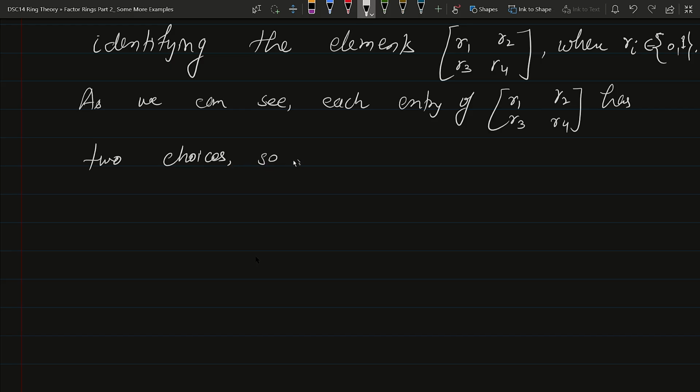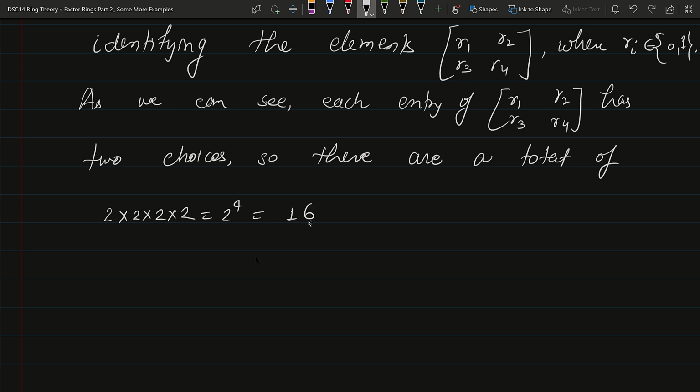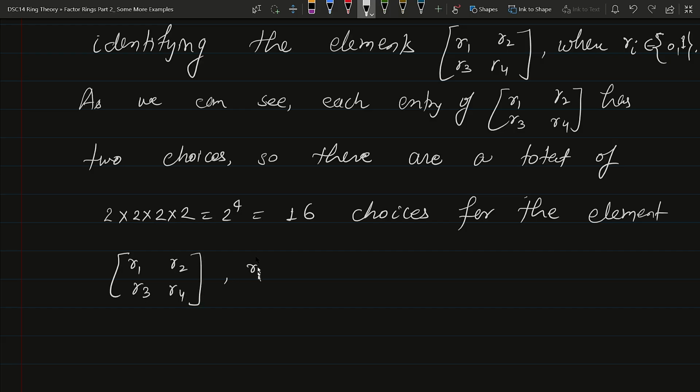Okay, so there are a total of how many? एक entry की 2 choice, then again 2 choice and 2 choice and 2 choice, that is 2 to the power 4 and that is equals to 16 choices for the element R1, R2, R3 and R4. Okay, where Ri's are coming from the set 0, 1.